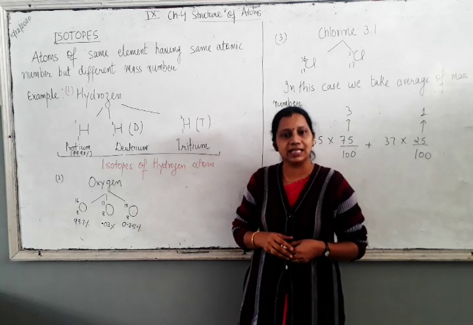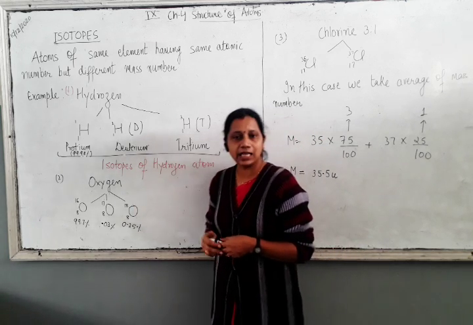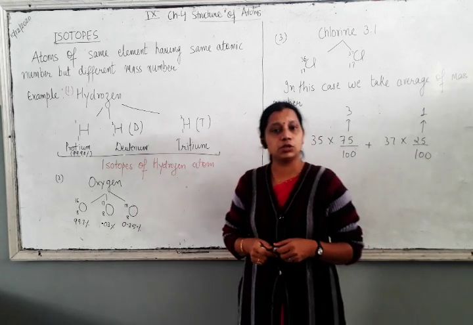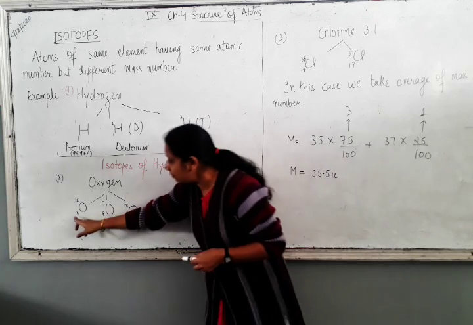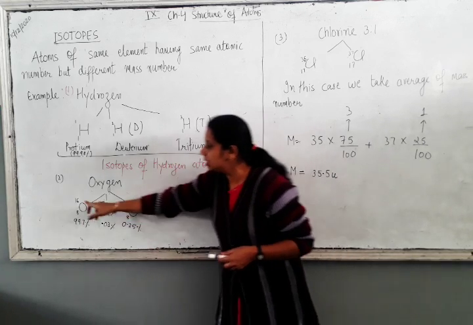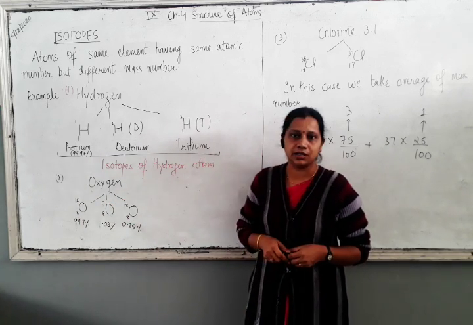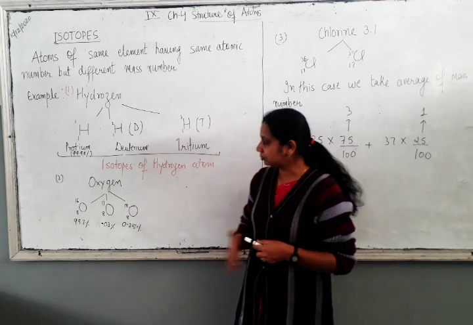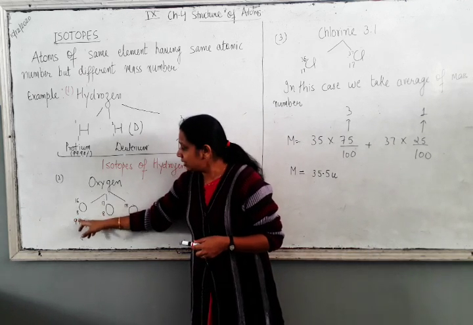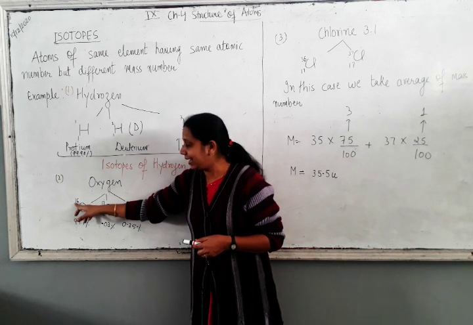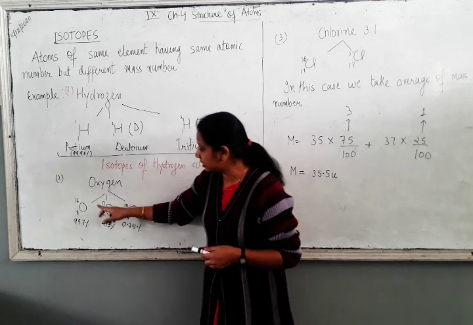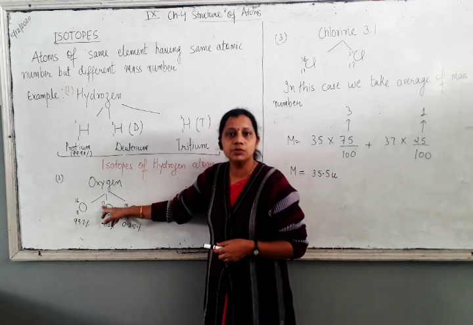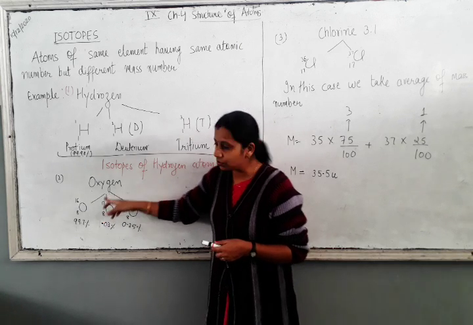Let's move to second example of oxygen. Isotopes of oxygen. So isotopes means you have same atomic number, different mass number. Here I have written 3 main isotopes of oxygen. This one, 16, that means 8 protons, 8 neutrons. 17, 8 protons and 9 neutrons.